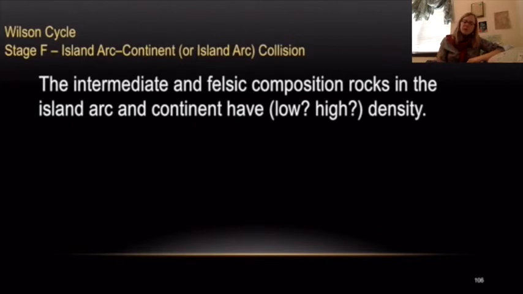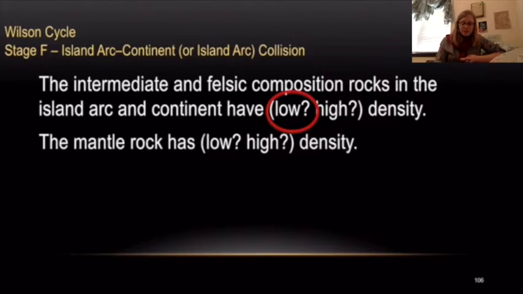Do intermediate and felsic rock have low or high density comparatively? They have low density compared to other things, right? Compared to mafic and ultramafic. The mantle rock is what chemistry? I should have asked that here. What chemistry is the mantle?